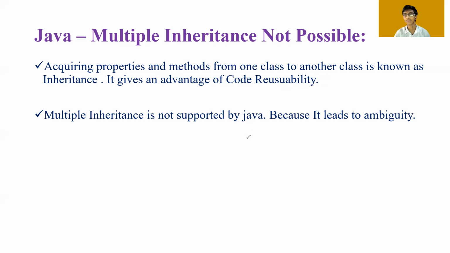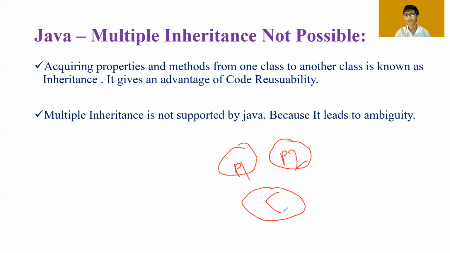Multiple inheritance means a class derives the properties or methods from multiple classes, which means there's a first parent over here, there's a second parent over here, and the child would be here, right? This is my first parent class, this is my second parent class, and this would be my child. The child will derive the properties and methods from both the parents, which means multiple parents and a single child.